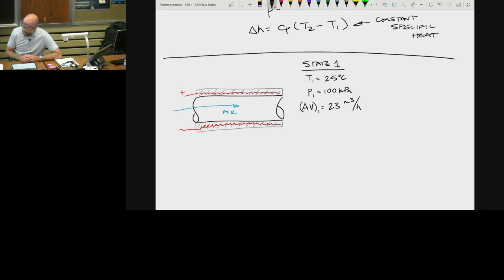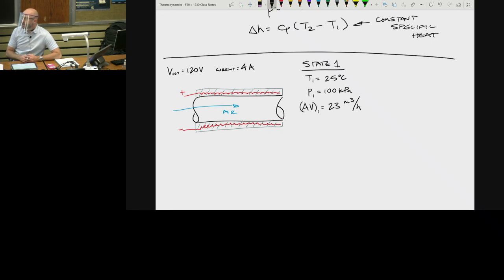On the outside of the pipe is an electrical resistor covered with insulation with a voltage of 120 volts. So we have here voltage is equal to 120 volts, and our current is equal to 4 amps. We draw 4 amps there.